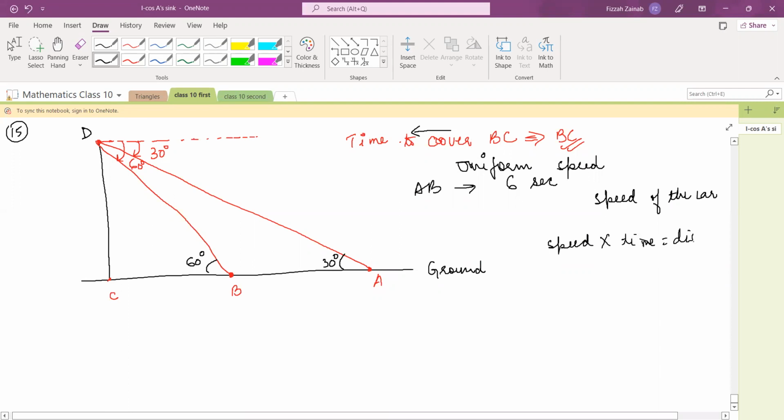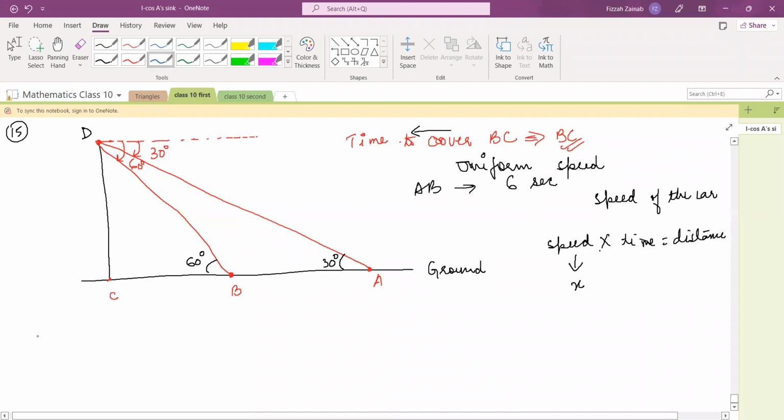Because I'm interested in distance ultimately, so time I know, but I don't know the speed also. So this speed I can assume some X or whatever you want, right? Okay, time I know 6 seconds. So that will give me the distance from A to B. Understood? Okay, so let's start from here.